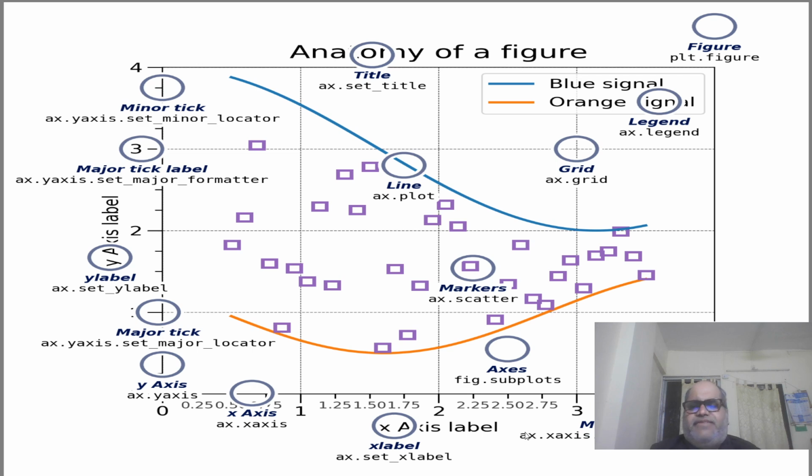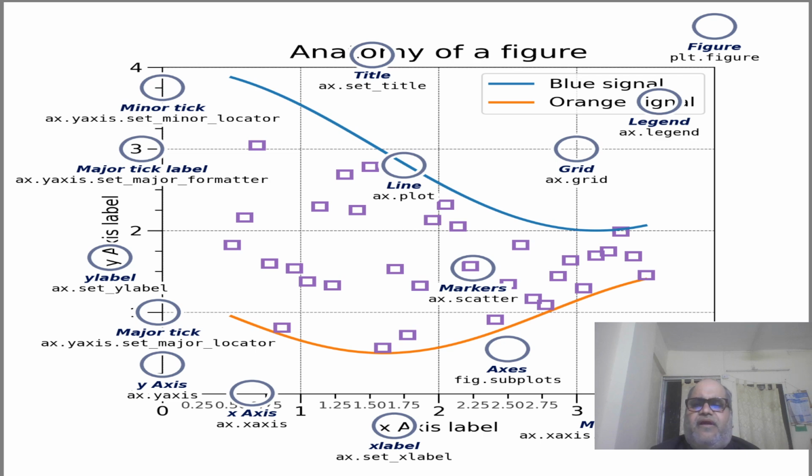The image that you are seeing, several of these might be new for you. We will spend a few minutes looking at some of the important aspects of it. What you are seeing on this screen are important components of a Matplotlib diagram.